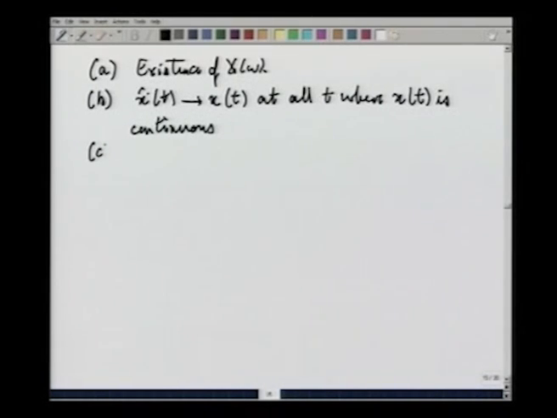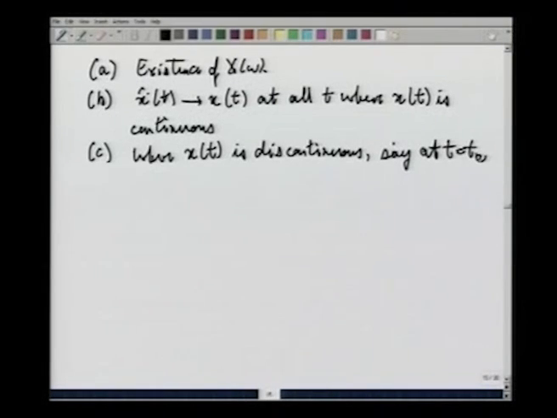And the third point is where x(t) is discontinuous, say at t equal to t naught, x hat of t equals x(t naught plus) plus x(t naught minus) by 2, where x(t naught plus) is the right side limit and x(t naught minus) is the left side limit of x(t) at the discontinuous point t naught.